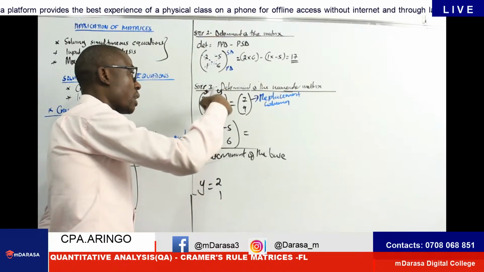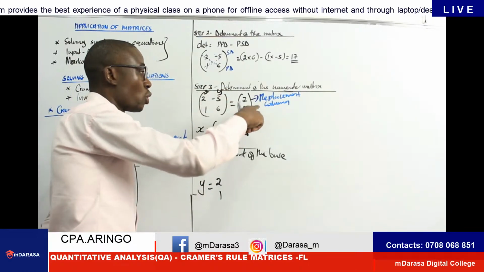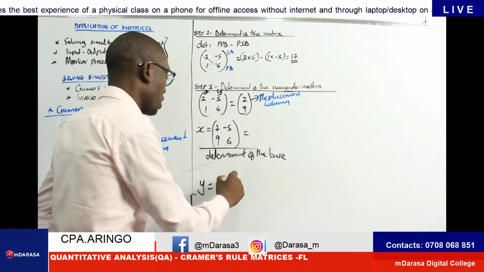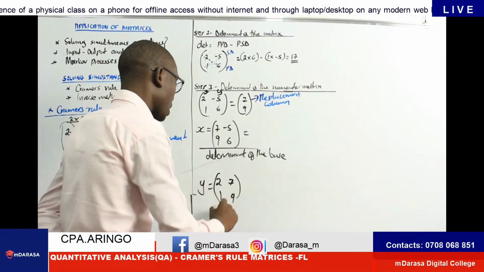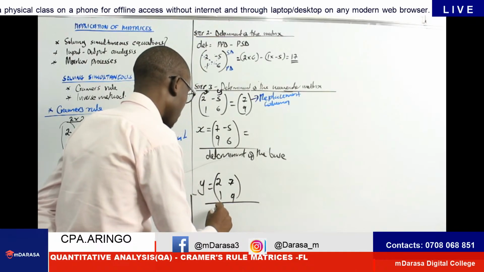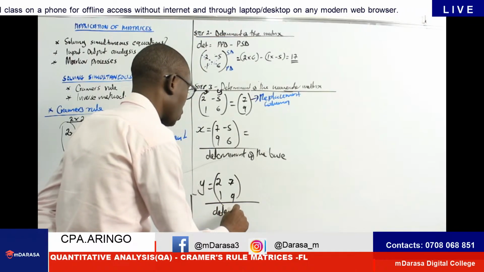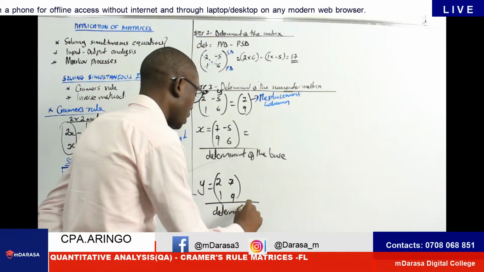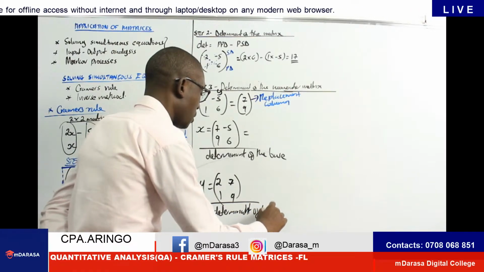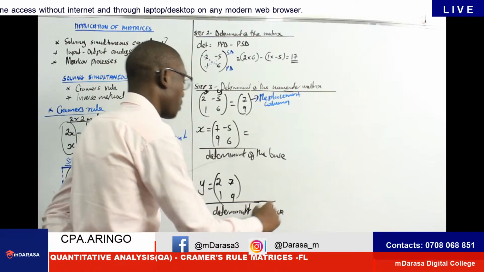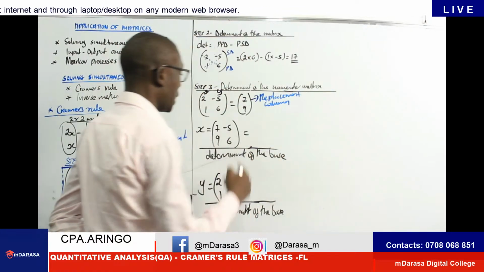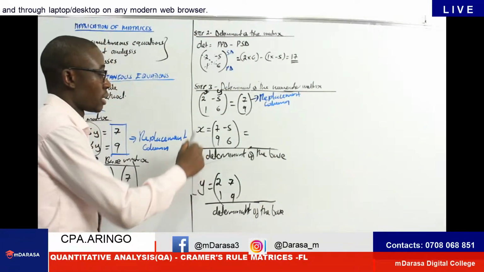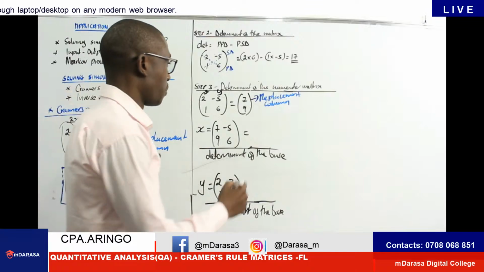We're going to replace our y with our replacement column, which in this case is 7 and 9. So that at the end of the day, we should just determine that one and divide it by the determinant of the base matrix.